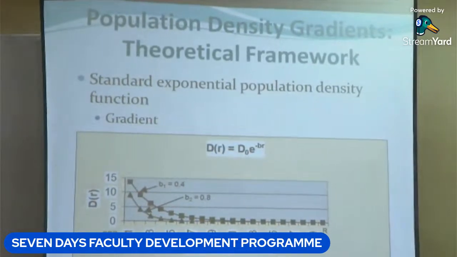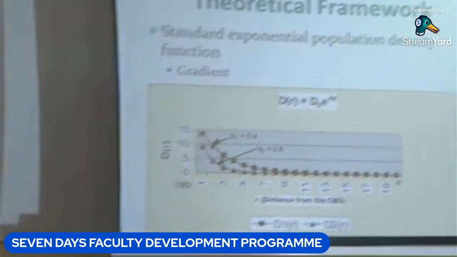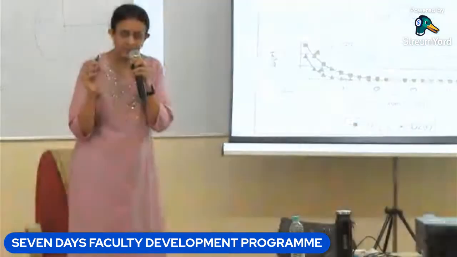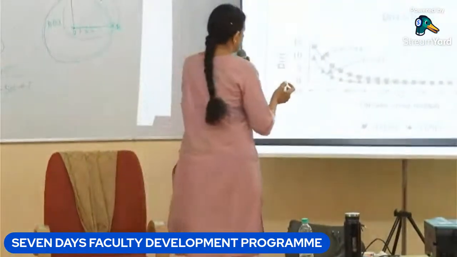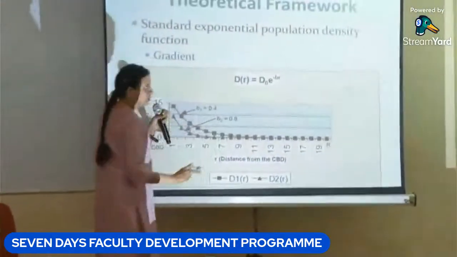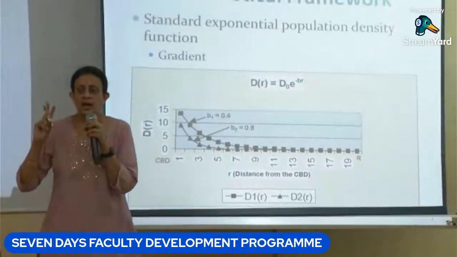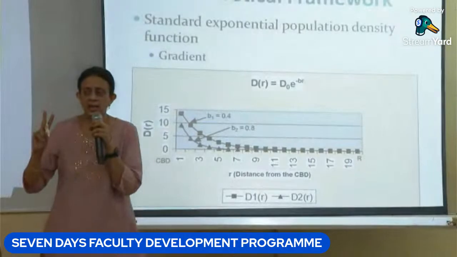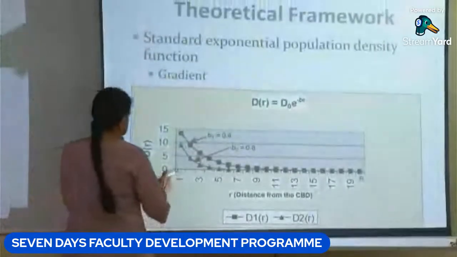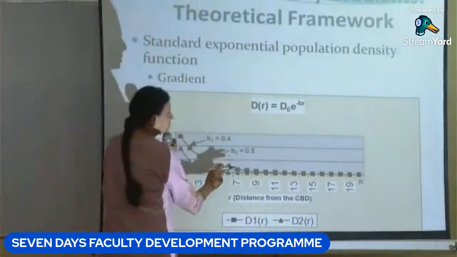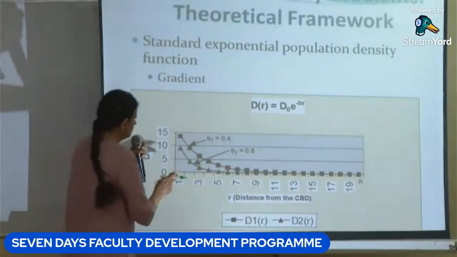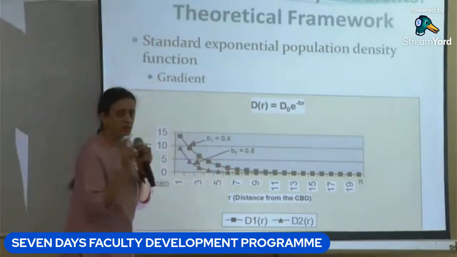So if you plot the density like I've done here for two hypothetical cities, okay, this is the density function for city 1, this is the density function for city 2.